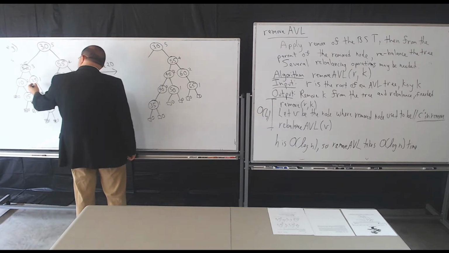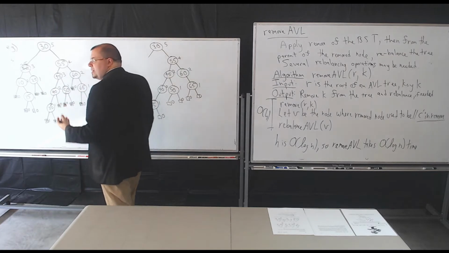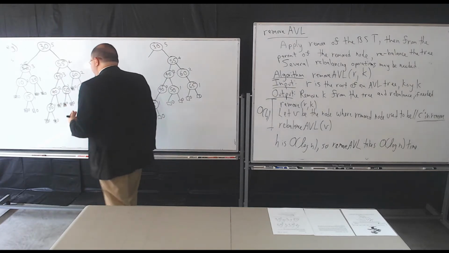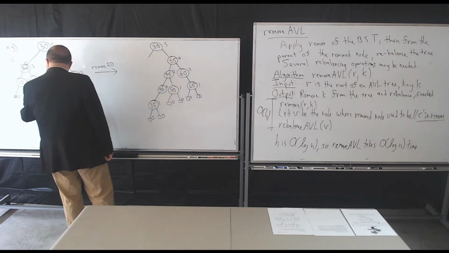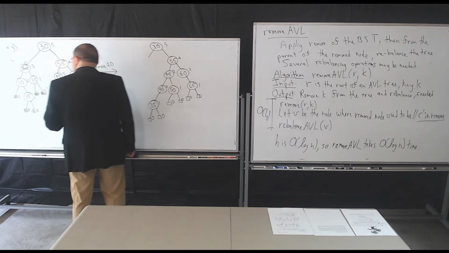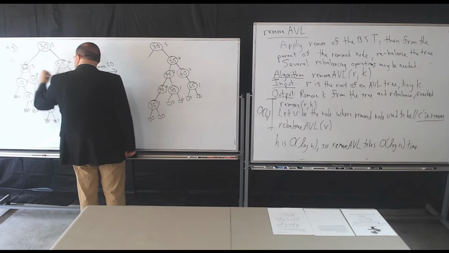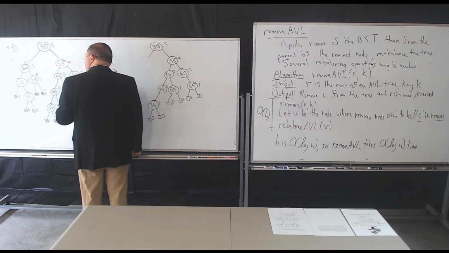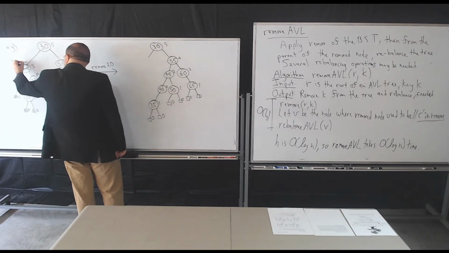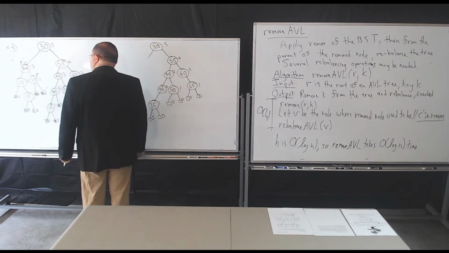So what's going to happen? Well, I need to remove this, but notice that both its children are leaves. So one of these is going to be my C, and the other one's C prime. And if this was P in the remove algorithm, then this is P prime right here.